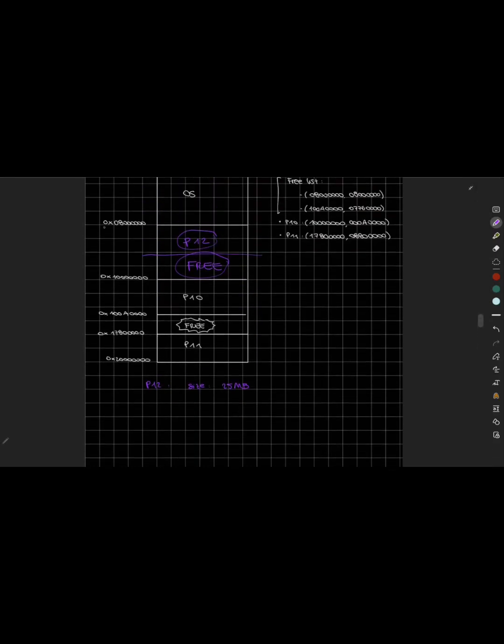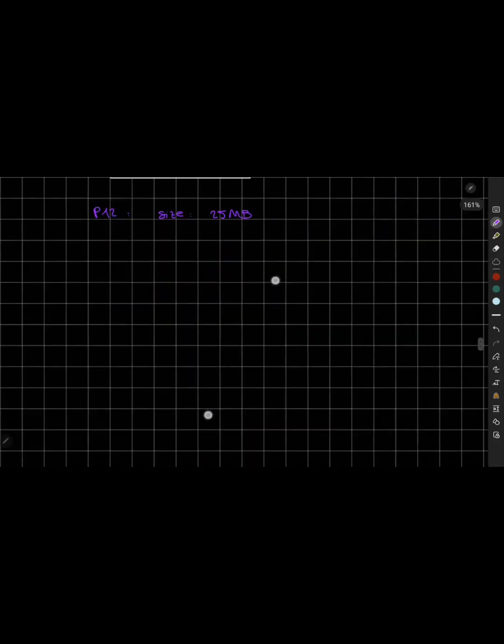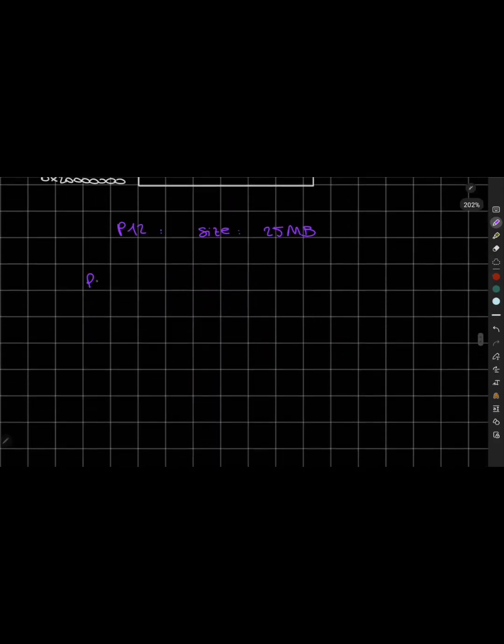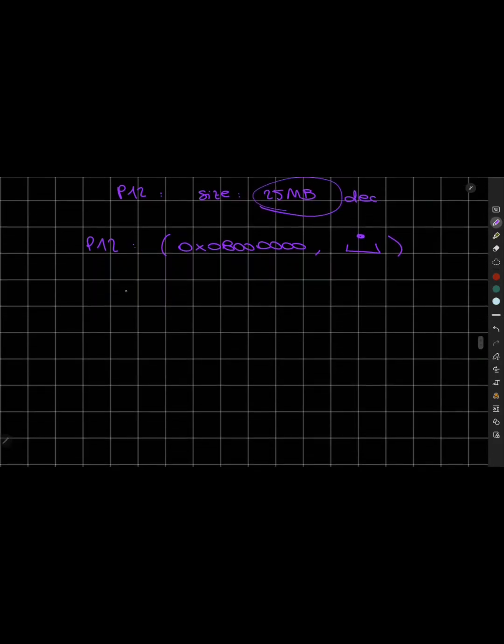We know that the starting address is this one. So I am already writing it down. So 0, 8, 0, 0, 0, 0, 0, 0. And we know the size. We know it, but it's in decimal. So we want to convert it into hexadecimal. So we're doing the same steps that we did in the beginning.